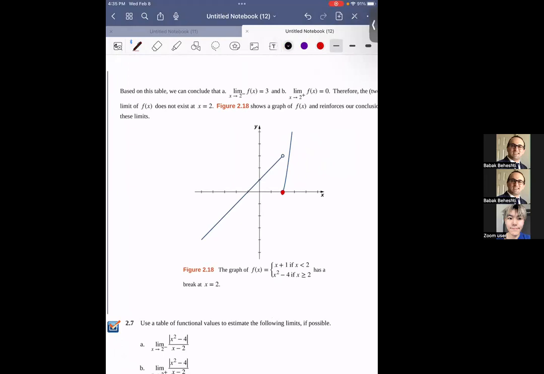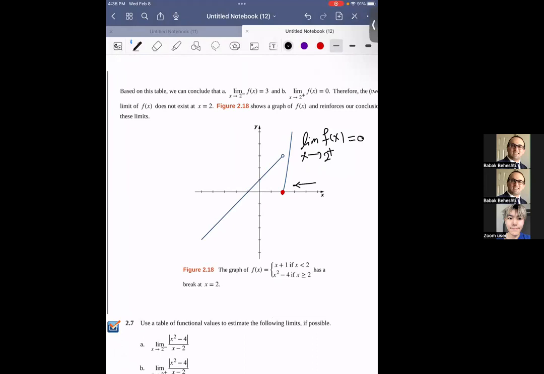If x goes to 2 from the right-hand side, the limit would be equal to 0.